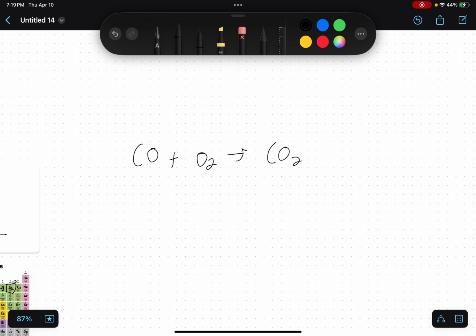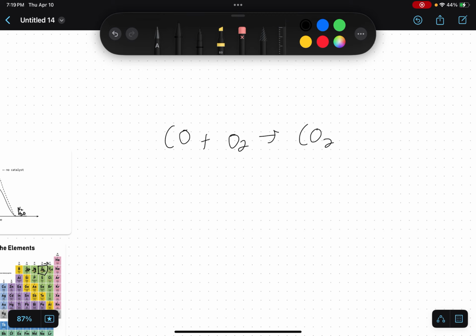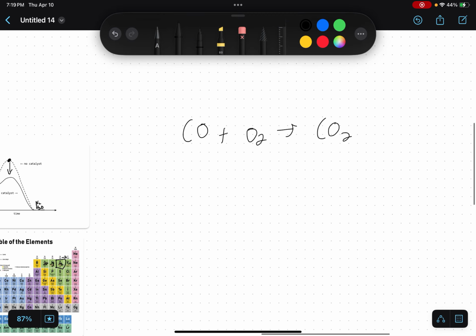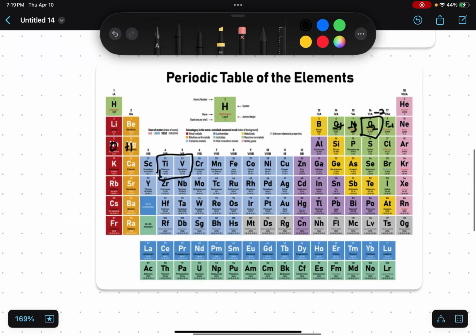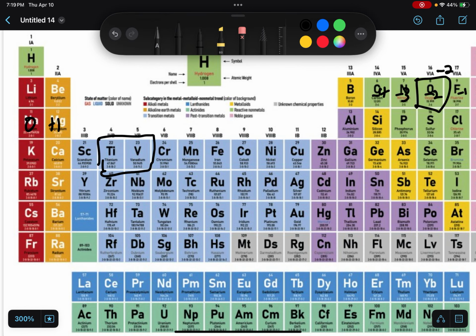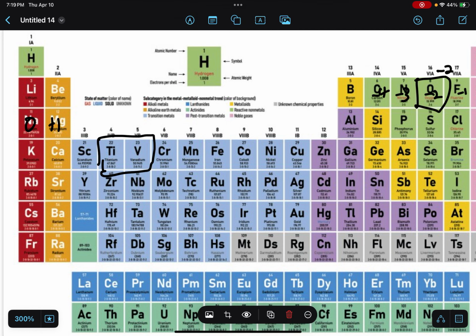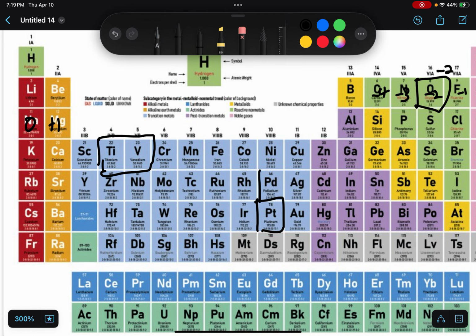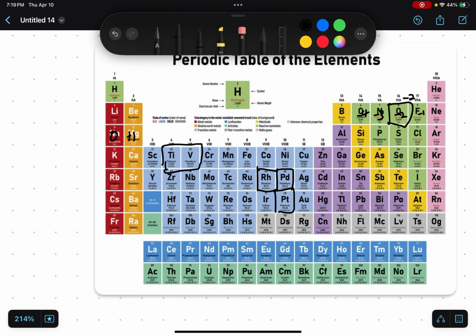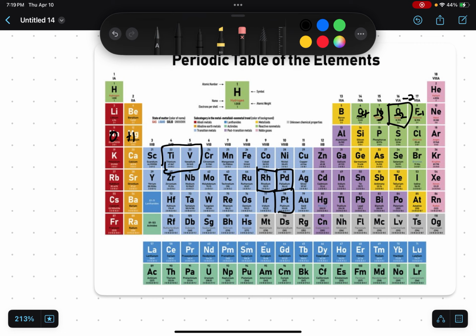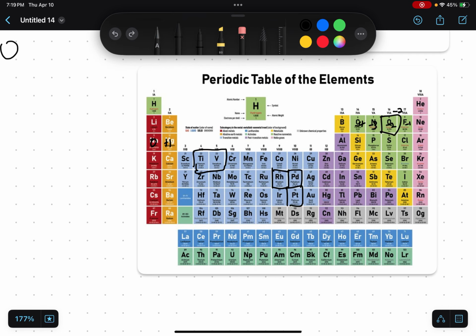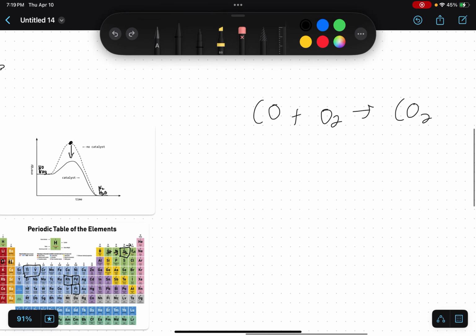So how does it work? Well, these CO catalysts are made of platinum, palladium, or rhodium. Doesn't really matter where it is in the metal group. All that matters is that it's a metal, so it's super polar.